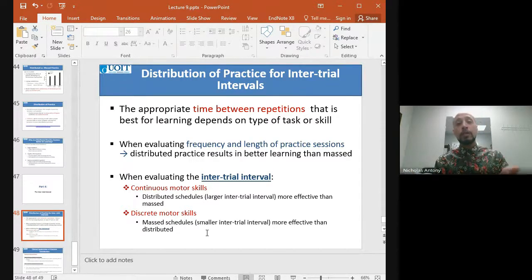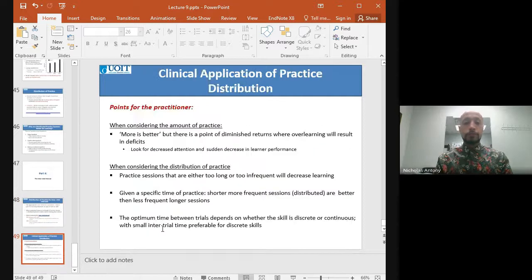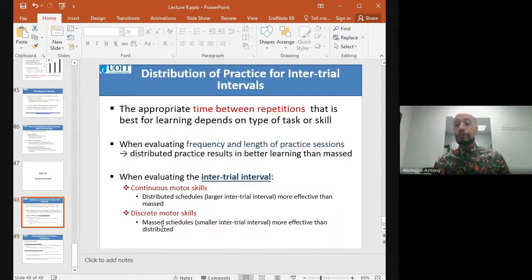That's a general rule, but it is based on whether or not the learner has the attention or the motivation to continue. So if you can imagine a continuous skill, they're going to be tired mentally and physically after doing a trial, so you can wait longer before starting the next one. Whereas with one that's very, very quick, you don't want to wait too long. You want to just keep them going so they keep their focus on what they're doing. Does that make sense, everyone?